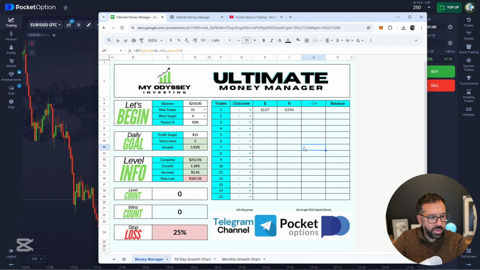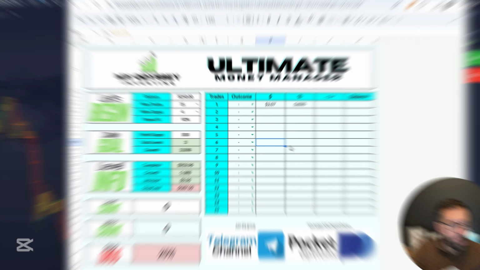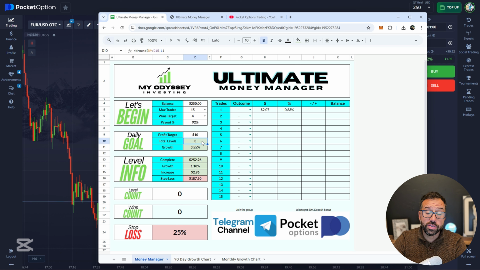Let's make that $15. Not even. Let's make it 10. So it tells me it's going to take me 3 levels to get there. If I had max trades 15, win trades 4, it tells me it's going to take 3 levels to get there. But I can change this to 11.